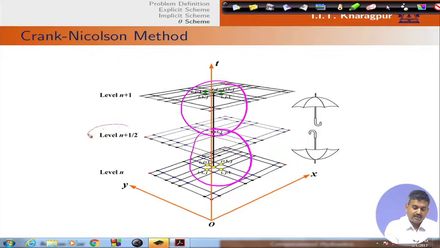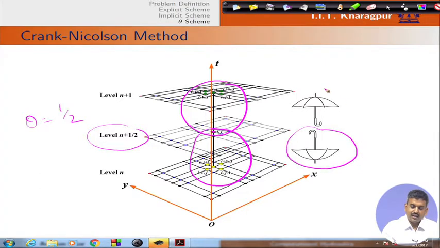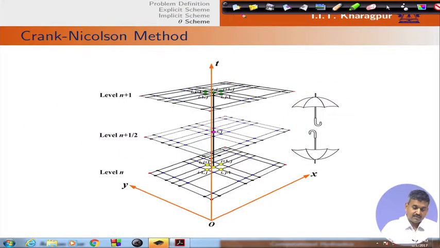This is n plus half level because theta equals to half, and first step is inverted umbrella and second step is with straight umbrella. With this we can discretize our governing equation and we can solve using Crank-Nicolson scheme.